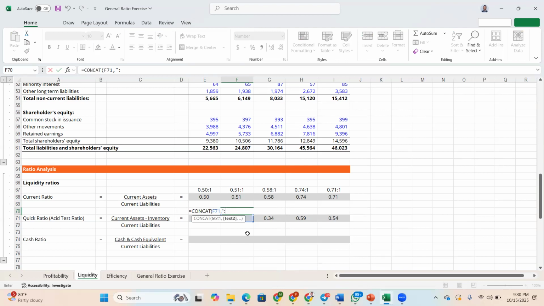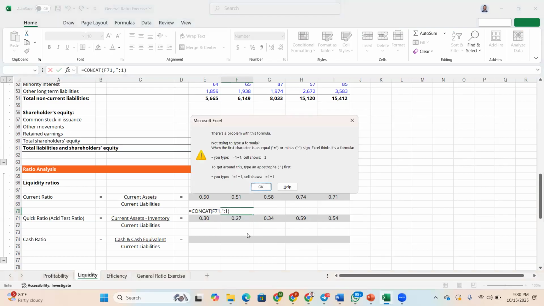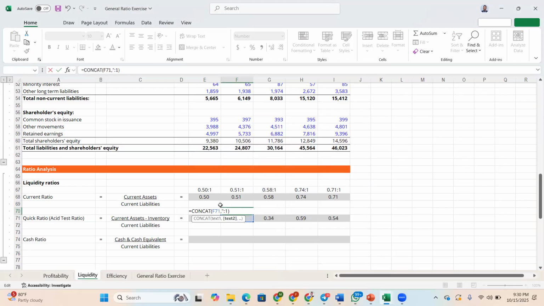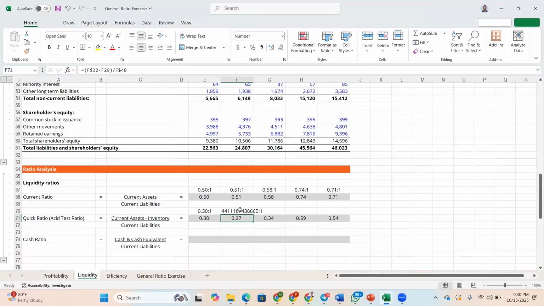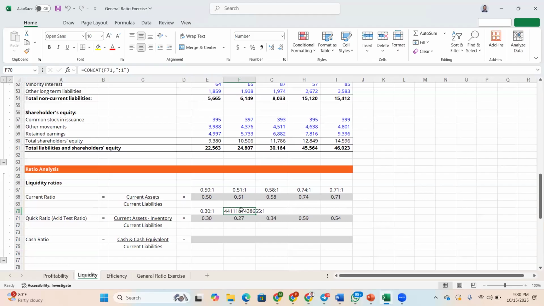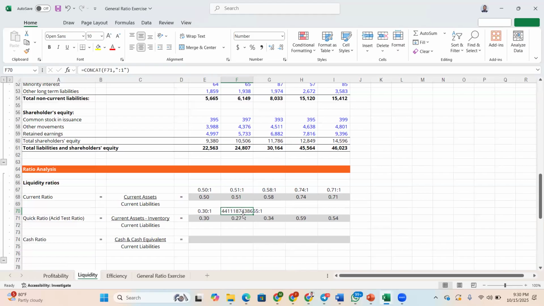Okay, ratio 1. Okay, I need to close it. My concat function is not working. It's giving me the figures in a long way, and I don't want that.